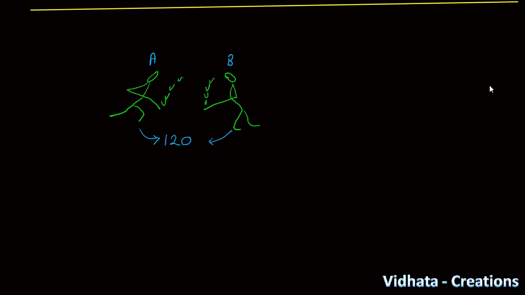So here we have to use two variables. Let A planted X trees, and let person B planted Y trees.